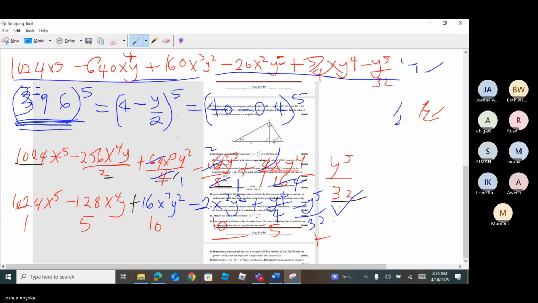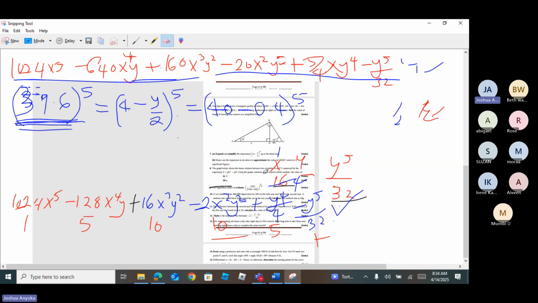39.6. Good. So there is a way that we must reason in this binomial expansion when we are using it to solve a numerical case. We express it in a way that we can expand easily. It is easier to expand 40 than expanding 39.